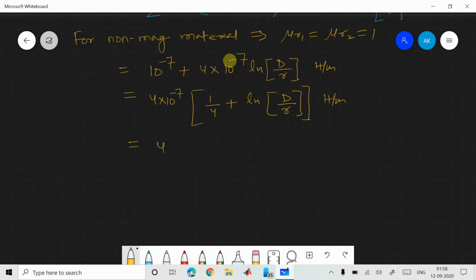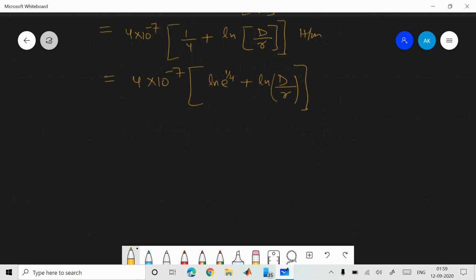So you can write it like this: 4 into 10 raised to power minus 7, and 1 by 4 you can write as ln e raised to power 1 by 4, plus ln d by r. Further simplify it. Since ln a plus ln b is ln ab, it will be 4 into 10 raised to power minus 7 ln of e raised to power 1 by 4 into d by r.